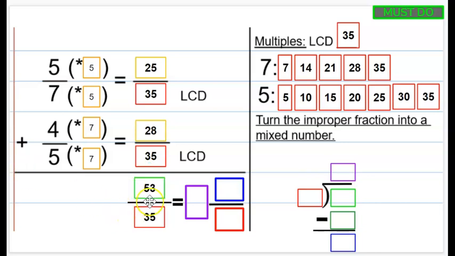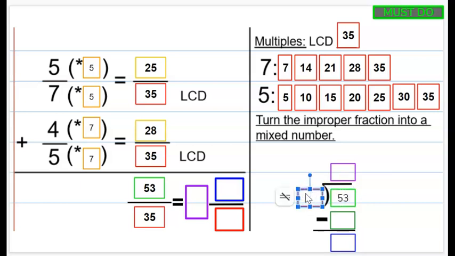Once I get here, I notice my numerator is larger than my denominator. 53 is greater than 35, so this is an improper fraction. I have more than one whole here. So I am going to turn it into a mixed number by dividing, just like we did last week. So I'm going to do 53 divided by 35.